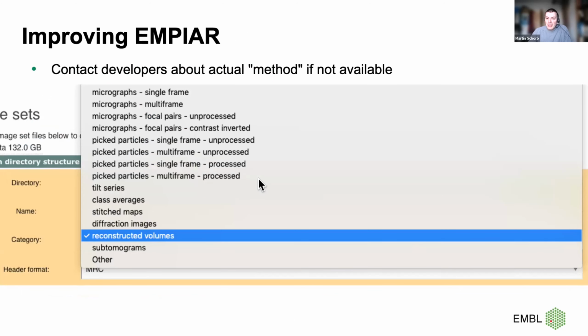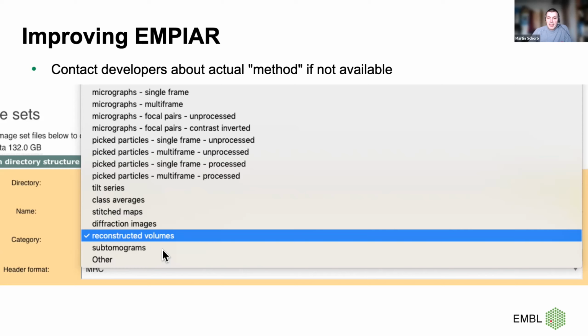So my role was that there is a couple of categories when you upload data into EMPIAR. And this is a screenshot. This is what's currently available, which covers many aspects of things. But for me, when I started uploading my first data into EMPIAR, it wasn't clear to me, okay, where does my volume EM experiment actually fit?